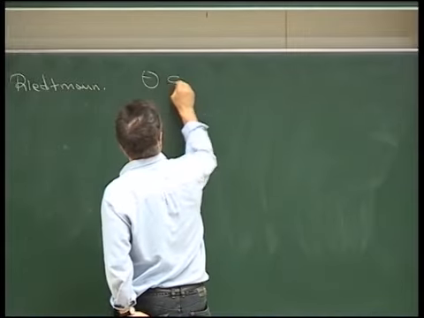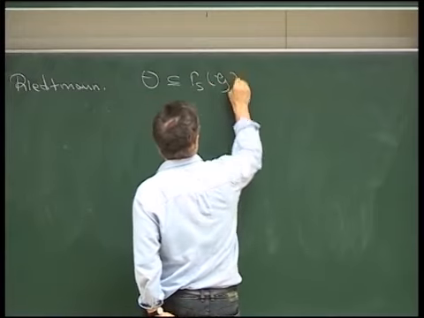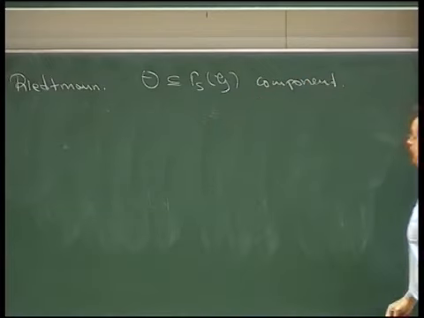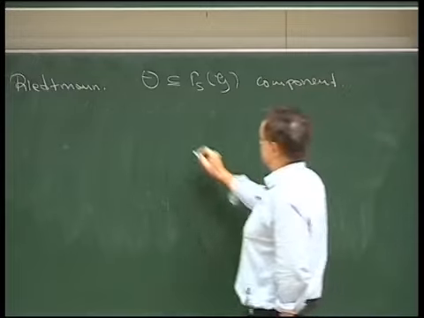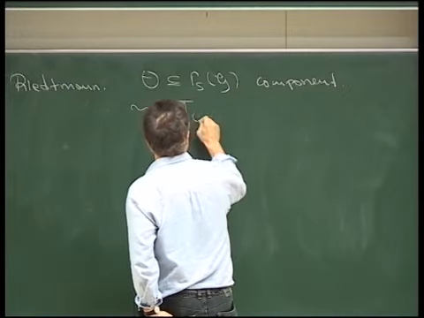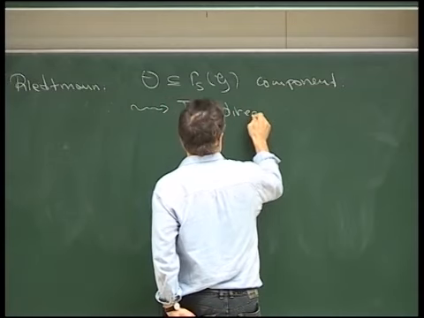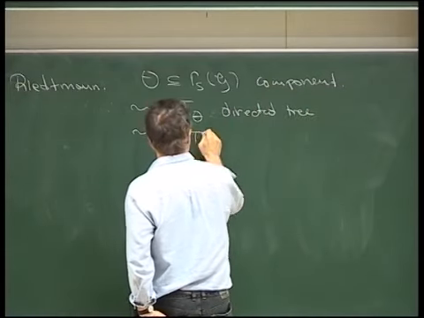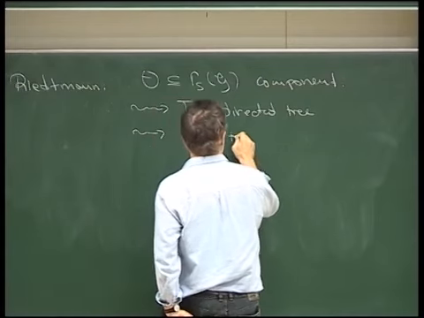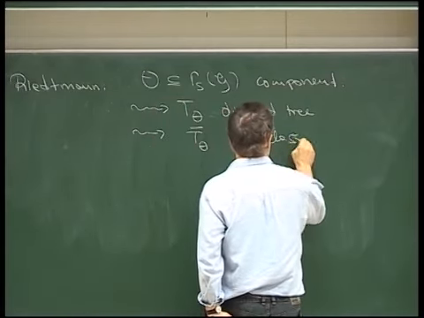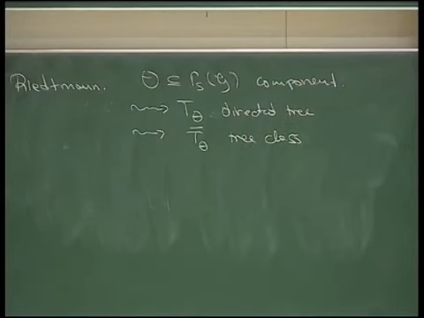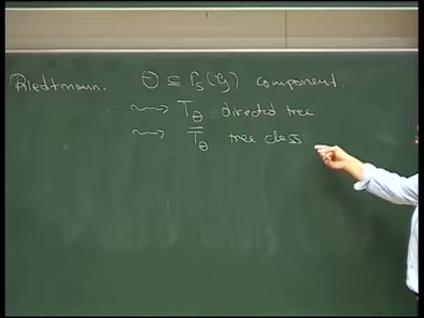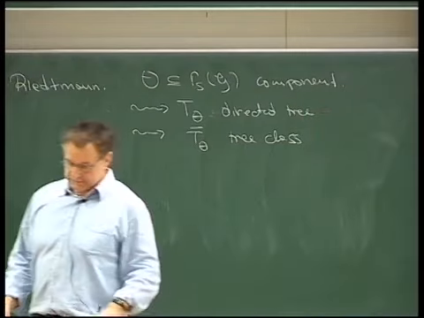You take a component in Gamma_s of G, then you can attach to this component a directed tree, and you go further to forget about the orientation and call this the tree class. And it turns out that you can recover the component from certain data along with this tree class.